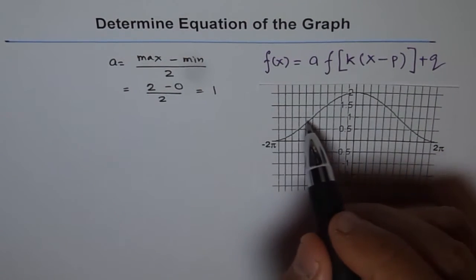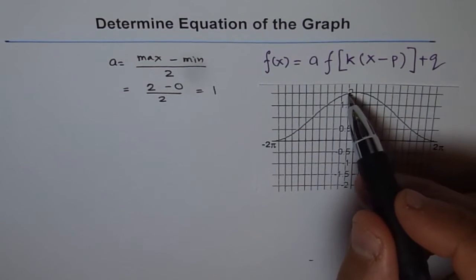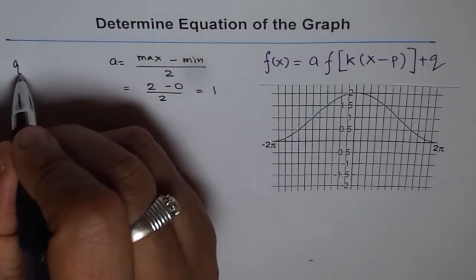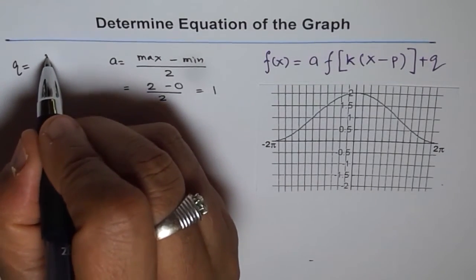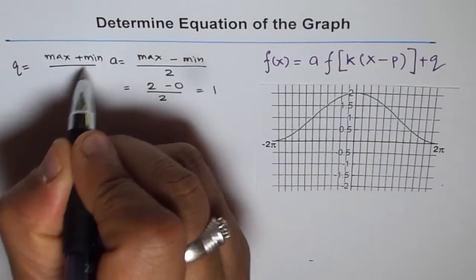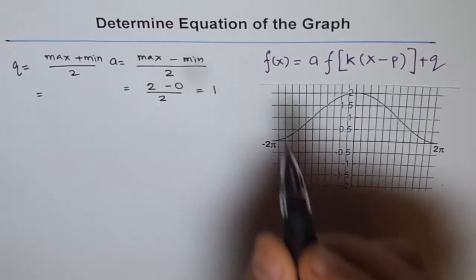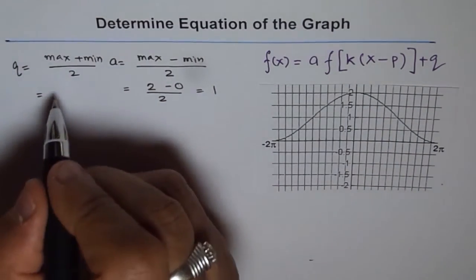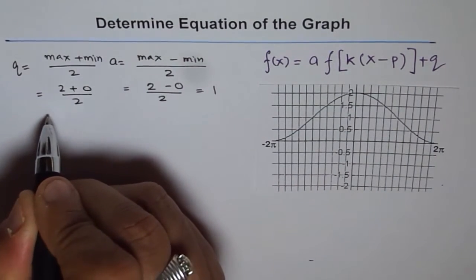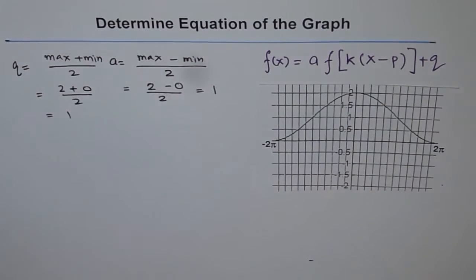So q is the average value, the average of maximum and minimum. So we can find q as maximum plus minimum divided by 2. In this case, 2 and 0 are the maximum and minimum values. So (2 + 0)/2 gives us 1. So we got the values of q and a.